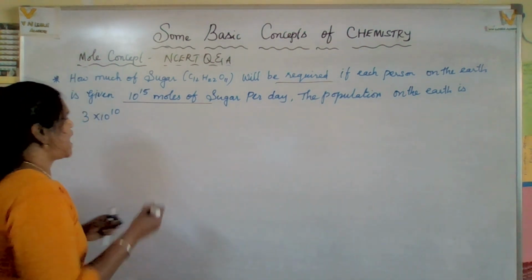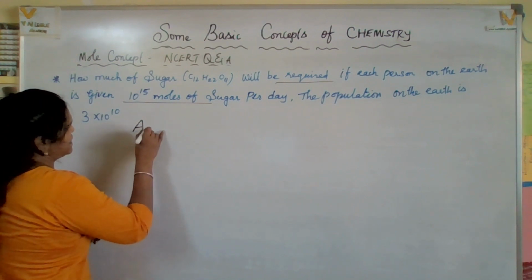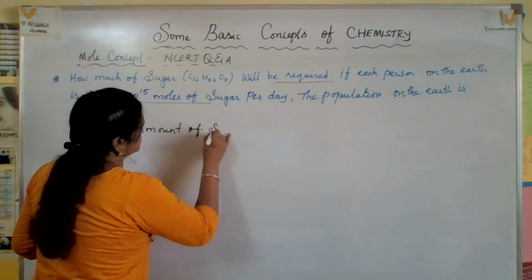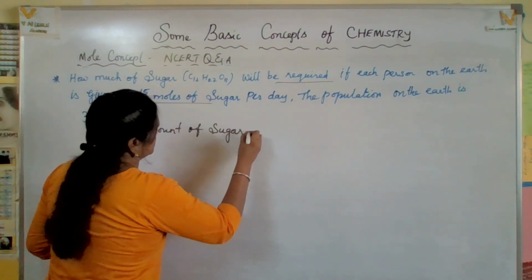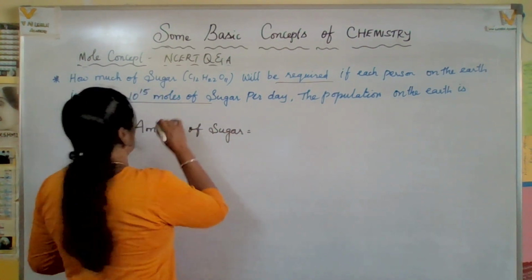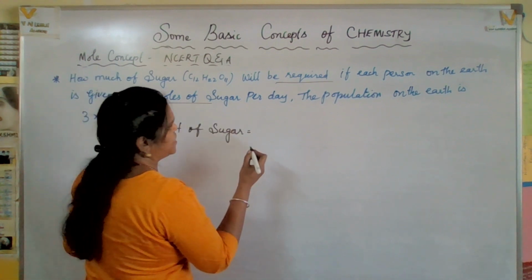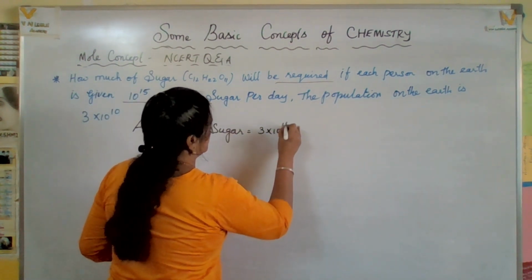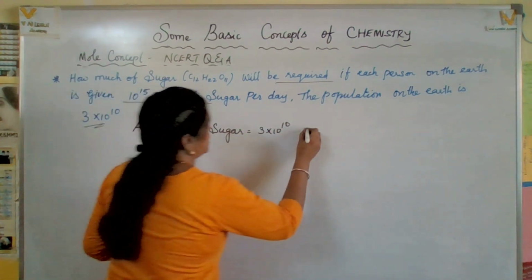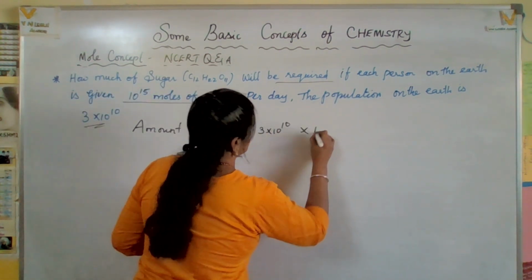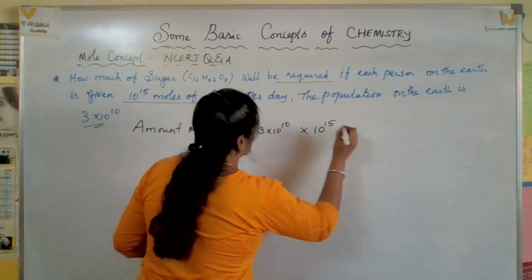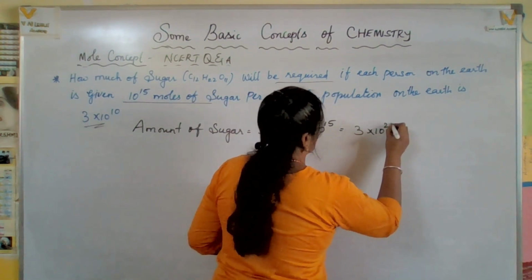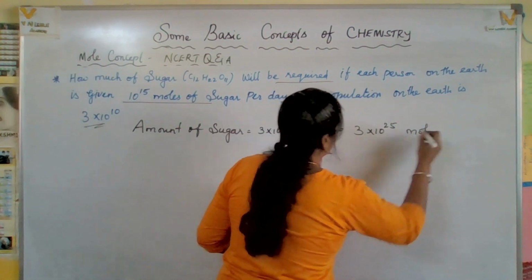Now, see, let us consider the amount of sugar: how much it is per day into population on the earth. So here 3 into 10 to the power of 10, this into per day, that is 10 to the power of 15. So you will get 3 into 10 to the power of 25 moles, right?